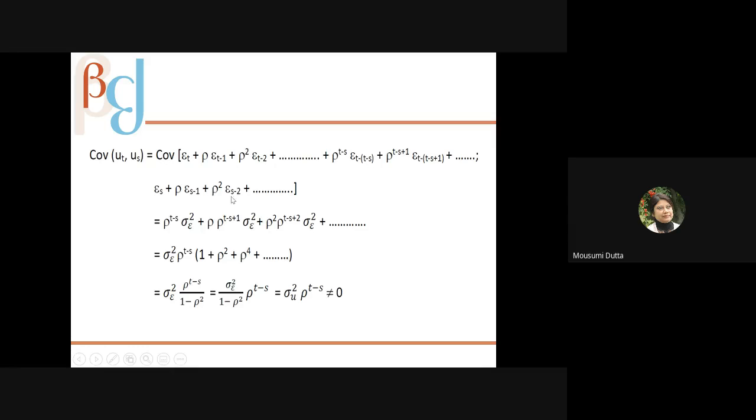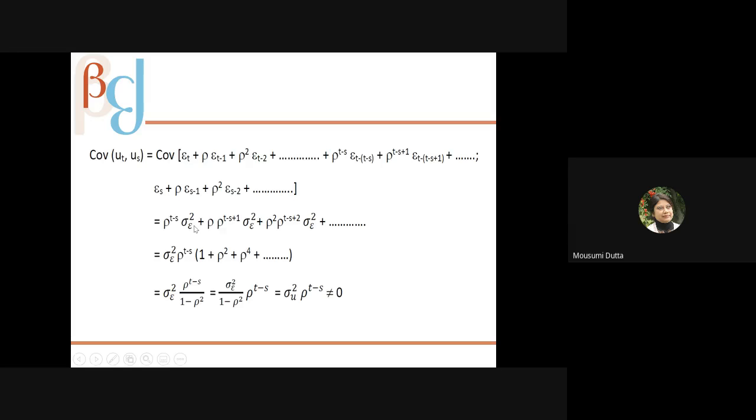However, when the two terms are the same, epsilon s with epsilon s, epsilon s minus 1 with epsilon s minus 1, epsilon s minus 2 with epsilon s minus 2, in that case you are considering two similar terms, so the covariance reduces to the variance. I just proved here that there is homoscedasticity. So when I get the variance terms, I write the notation as sigma epsilon square.